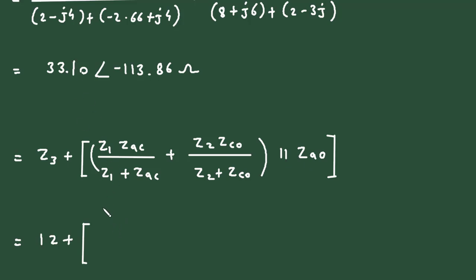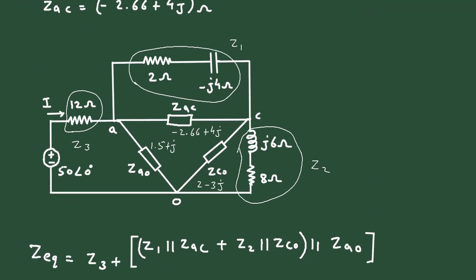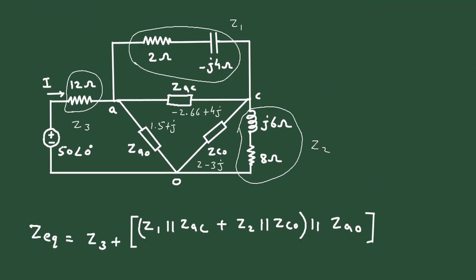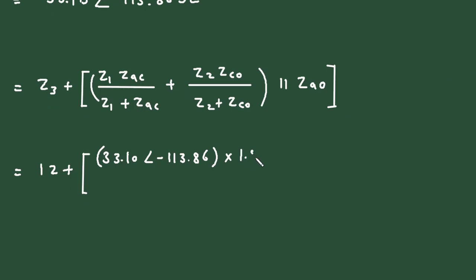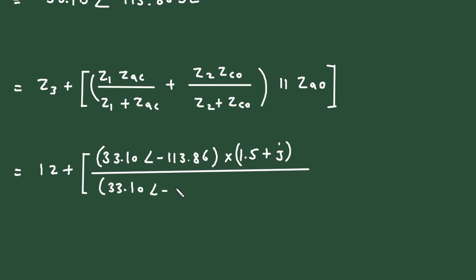This will be 33.10 at an angle minus 113.86, multiplied with ZAO, whose value is 1.5 plus J, divided by 33.10 at an angle minus 113.86 plus 1.5 plus J. So this will be the value of ZEQ.